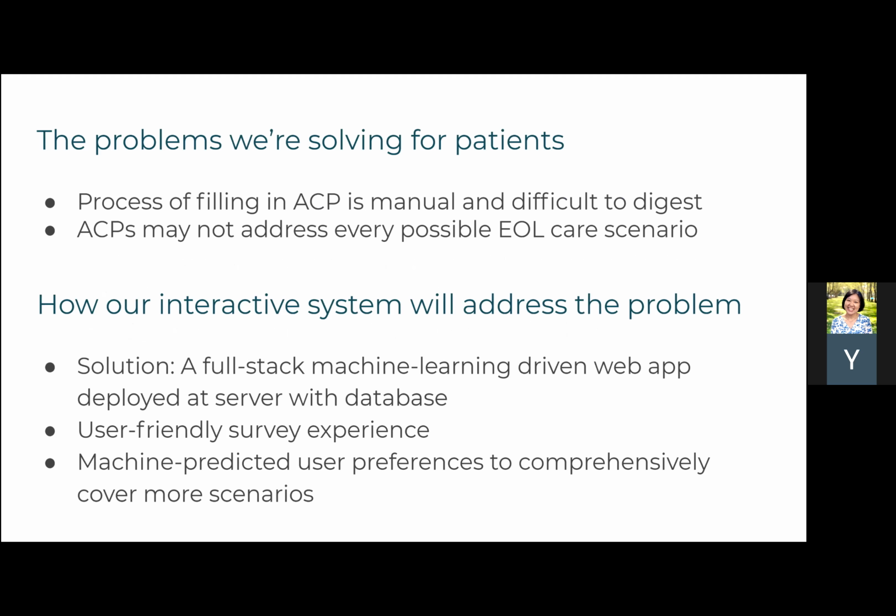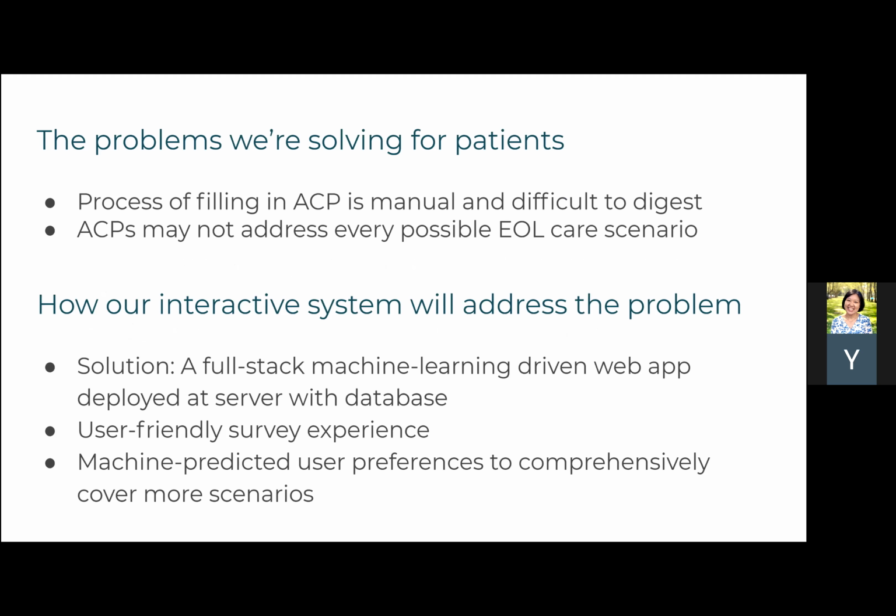Unfortunately, the current ACP leaves much to be desired. The process of filling one out is very manual and hard for patients to go through. And despite the ACP being a lengthy survey, it may not address comprehensive scenarios. So we built a full stack machine learning driven web app deployed at a server with a database to address these problems.